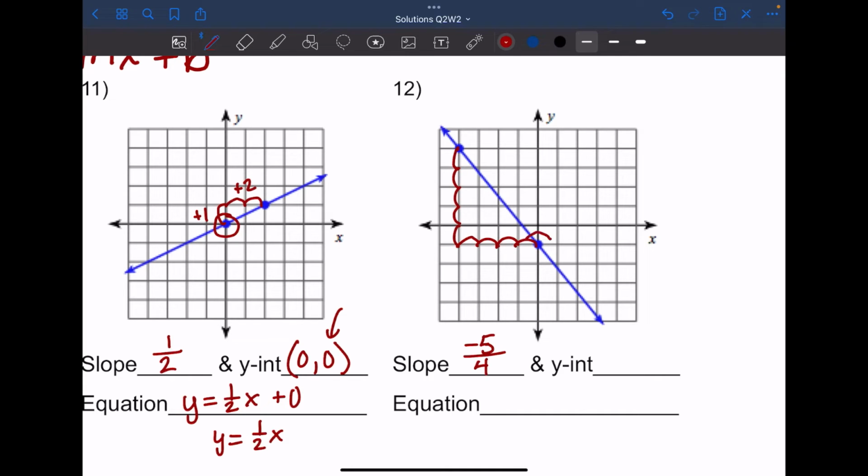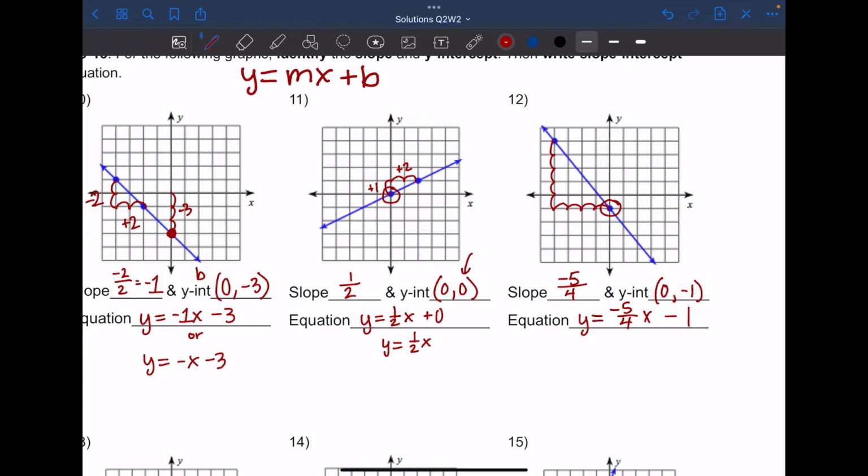The y-intercept is this point right here, and that looks like it is down 1 space from the origin, so that is 0, -1. So my equation would be y equals -5 over 4 x minus 1. And there's not really an alternate way to write that one, just like there was for the first two, but not for that one. You have to write basically that way.